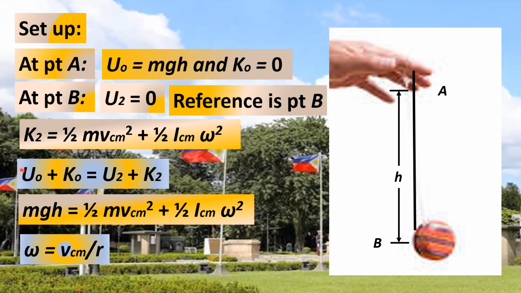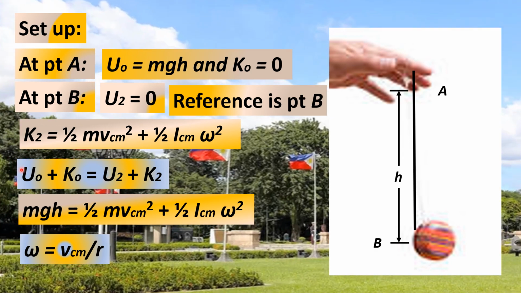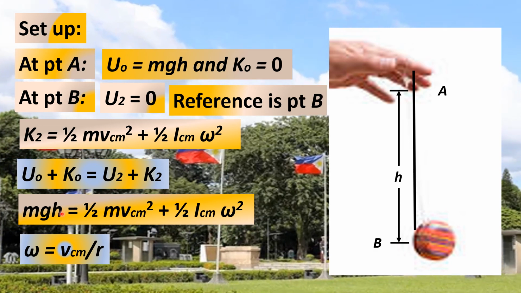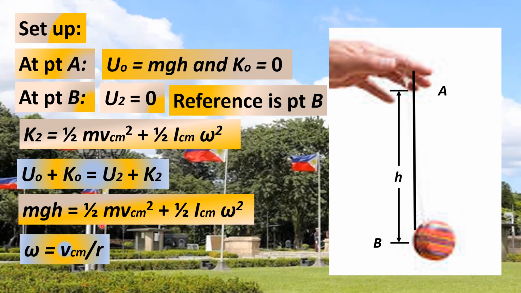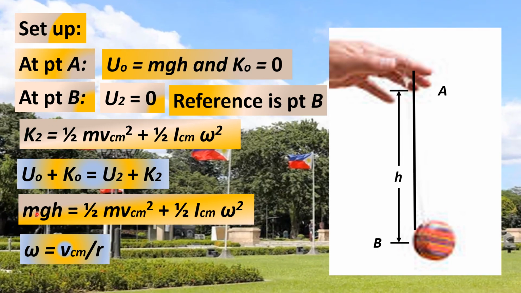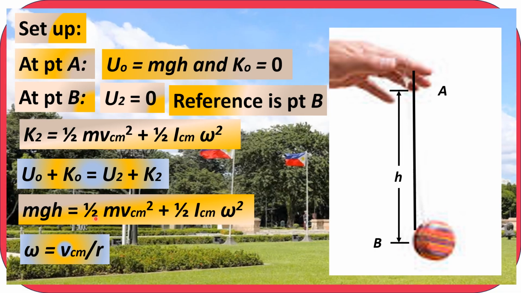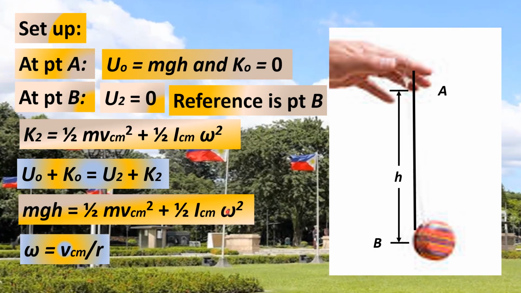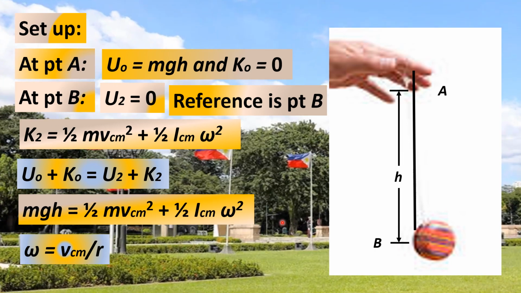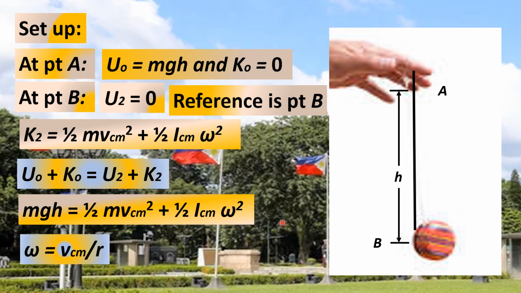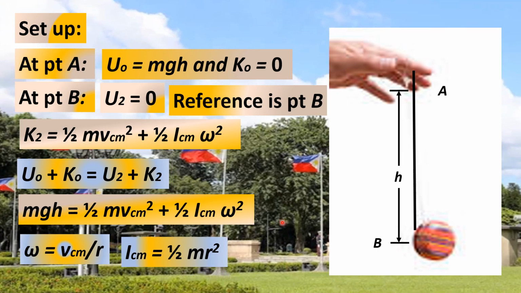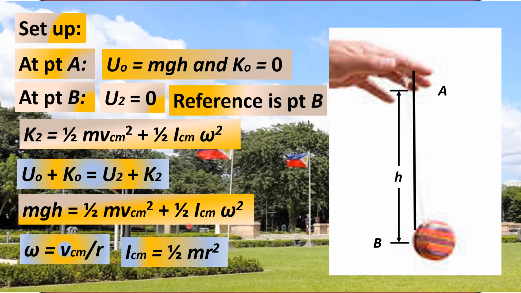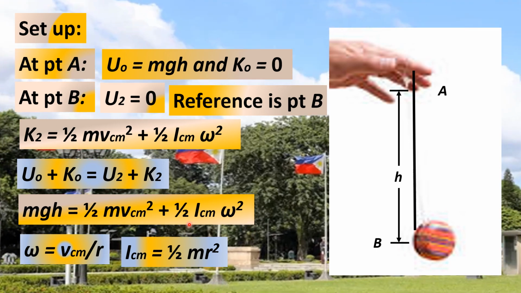Recall that in rotational kinematics, we have this expression that relates the angular speed omega to the translational speed v sub cm. That is, omega is just equal to v sub cm over the radius r. And we also have the formula for the moment of inertia of any regular solid cylinder.